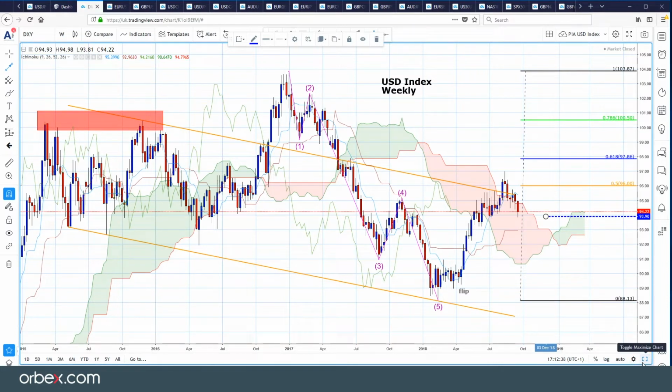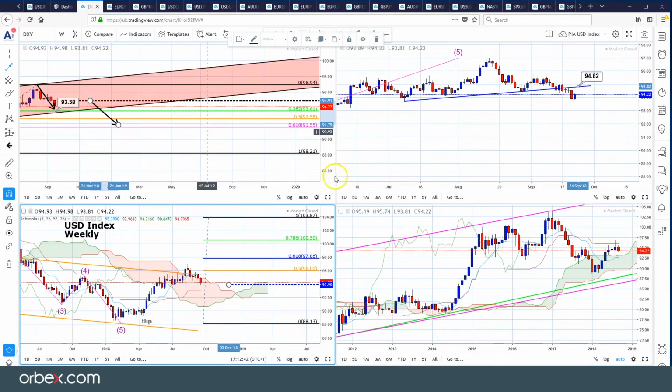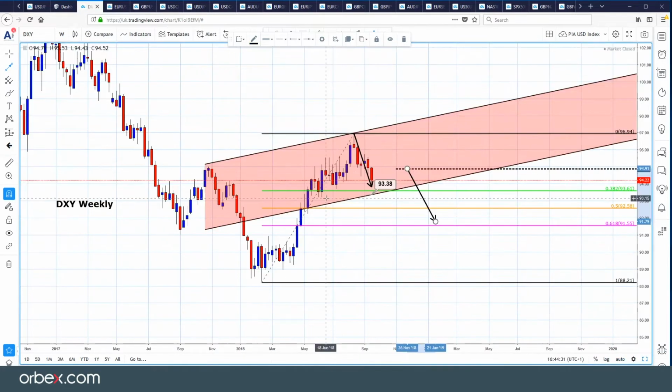So we are now between bespoke support and bespoke resistance, and we're going to be looking at selling into dollar rallies over the medium term. Our bespoke resistance is at 94.90 at the moment.